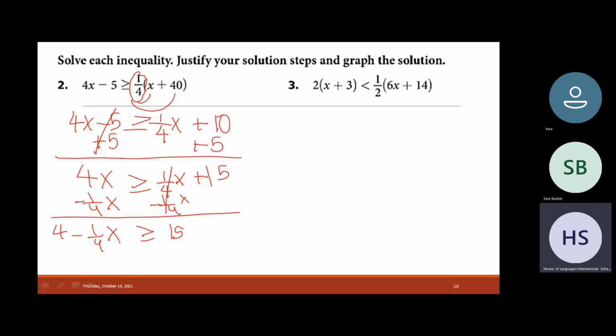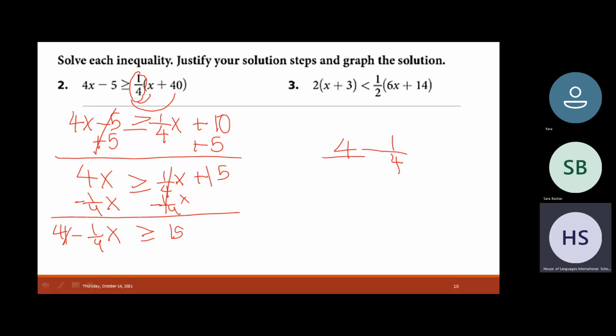Okay? Scary time. I will move it with my fingers. Now here. The next. 4 minus 1 over 4. First step, what do you have to do? You have to make this whole number a fraction.